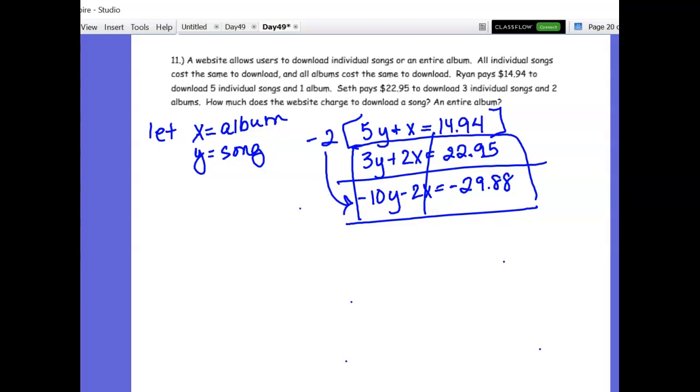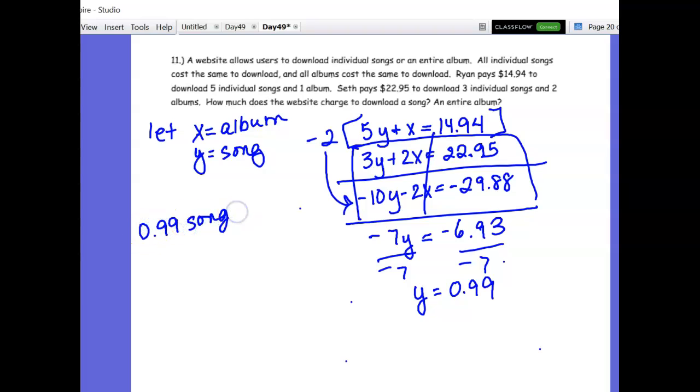Your 2x's eliminate. And then we're going to be left with negative 7y is going to be equal to negative 6.93. And then when we divide by negative 7, our y is going to be equal to 99 cents. So the songs will be 99 cents a song.